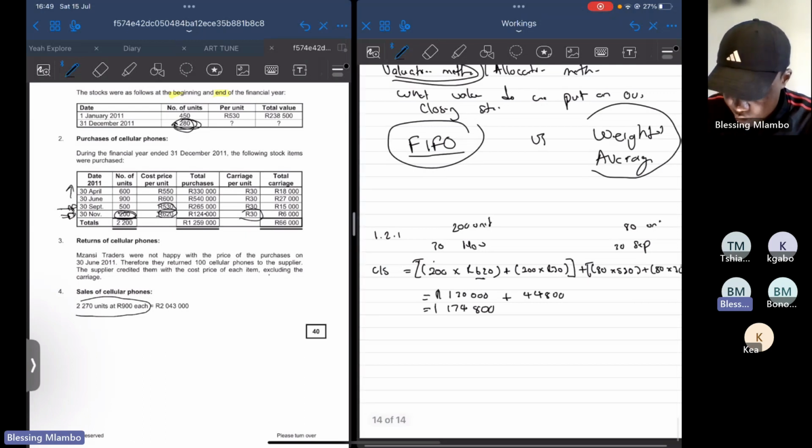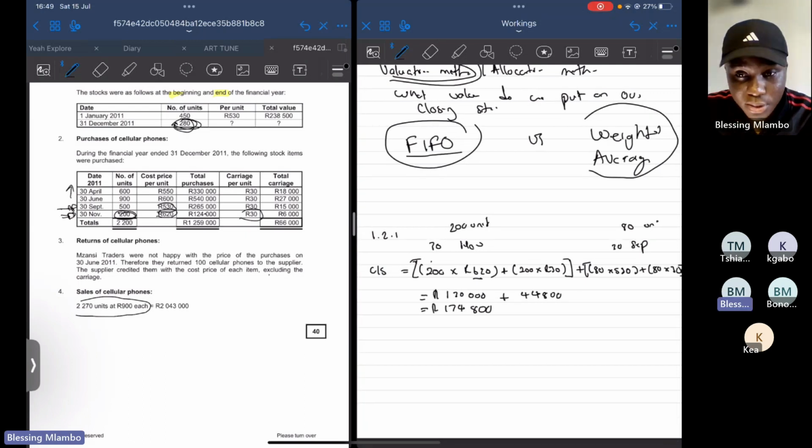Happiness, any questions on that one, on how you calculate the value of closing stock? Any questions? No questions. Are you guys happy with that one?